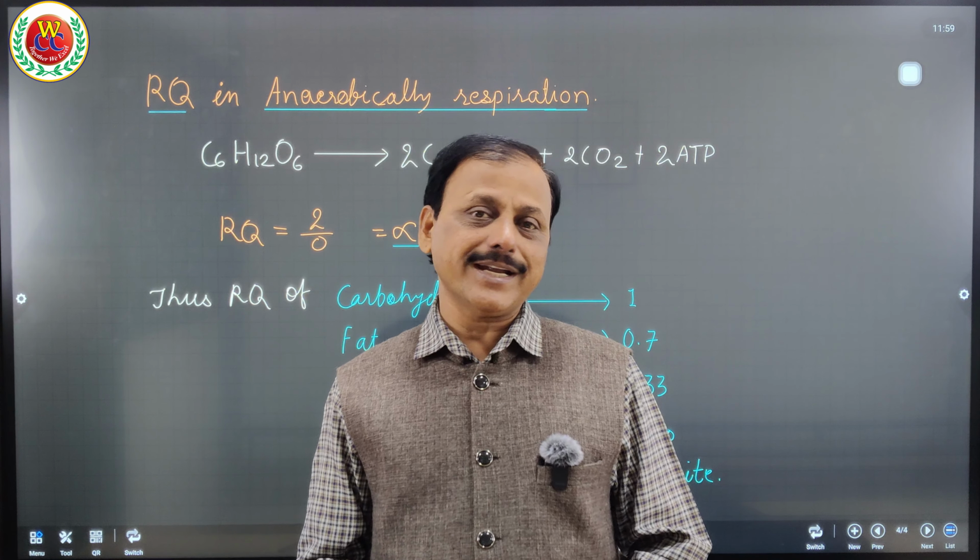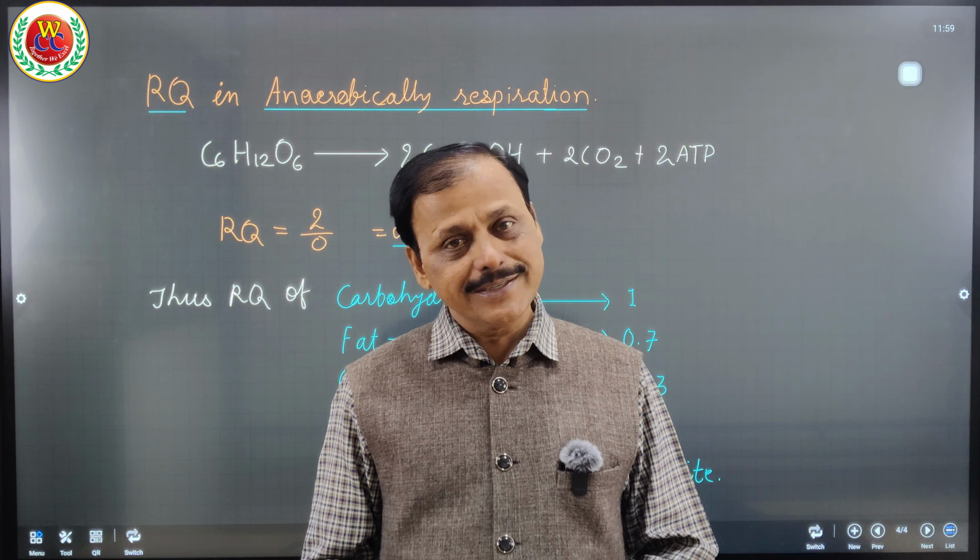So ethyl alcohol and lactic acid are produced anaerobically, where carbon dioxide is released but no oxygen is used. See the equation, C6H12O6 undergoes incomplete breakdown to produce ethyl alcohol with 2 molecules of carbon dioxide. That means RQ is equal to CO2 to O2, CO2 is 2, oxygen is 0. Naturally, the amount of carbon dioxide released is the RQ, therefore it can be infinite.